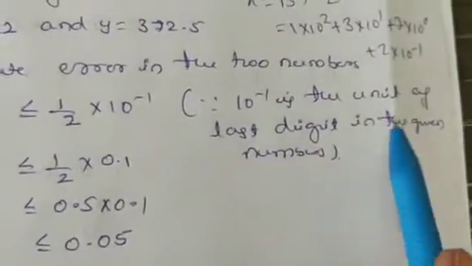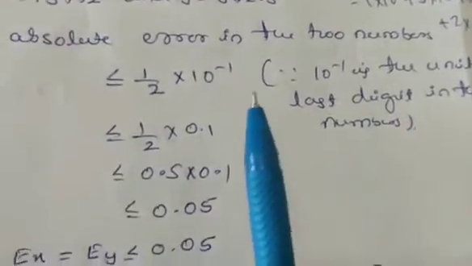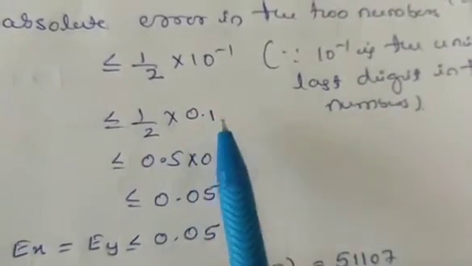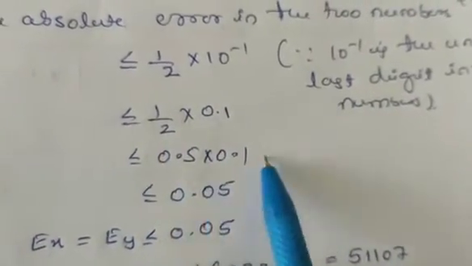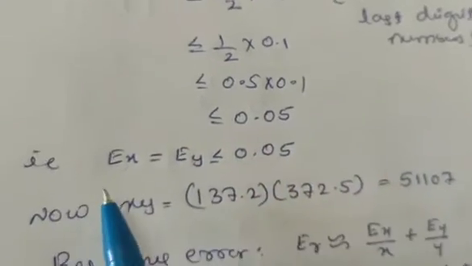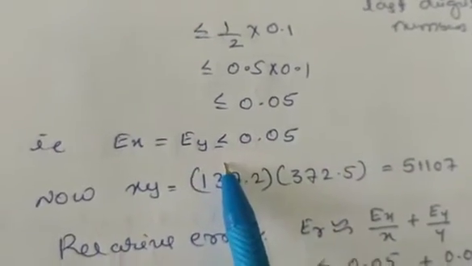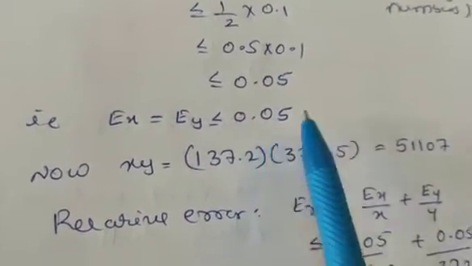So this is 10 raised to minus 1, and it is 1 by 2 into 10 raised to minus 1. 1 by 2 is 0.5 into 0.1, which equals 0.05. So the error in x and the error in y is less than or equal to 0.05.